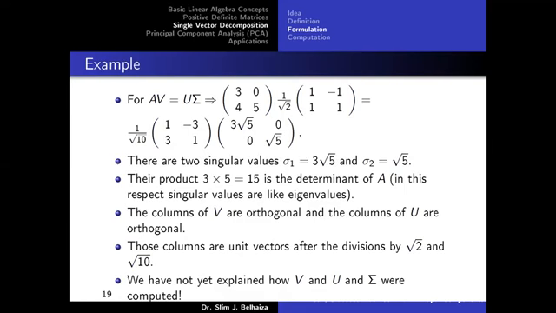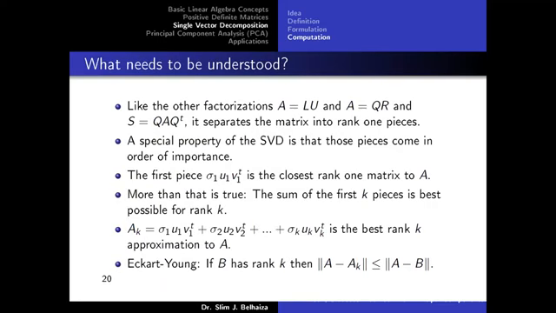So the idea is not to decompose in just any manner, but to decompose in a way that we get the approximation that lends us as close as possible to our own data matrix. Here I'm saying this is the target. Just a reminder, like other factorizations, like the LU elimination, the QR or the spectral factorization, the idea here is that we are going to separate the matrix into rank 1 pieces.